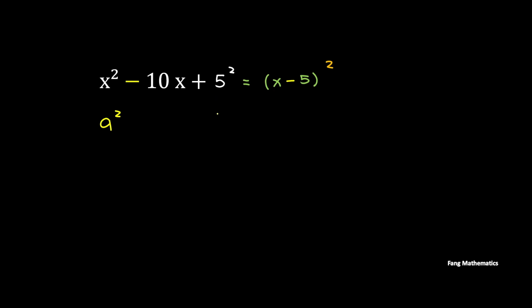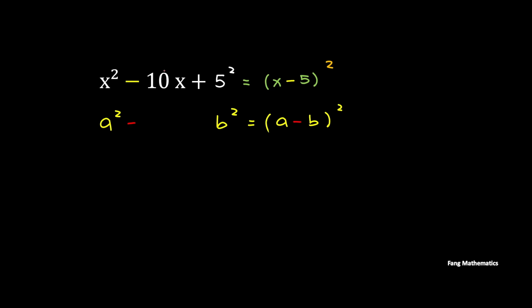In place of 5, you put b, so b squared, equal sign, a minus b in a parenthesis squared. The key thing I would like to remind you is this. The minus sign attached to your linear term, we always match with the minus sign on the right in between a and b.